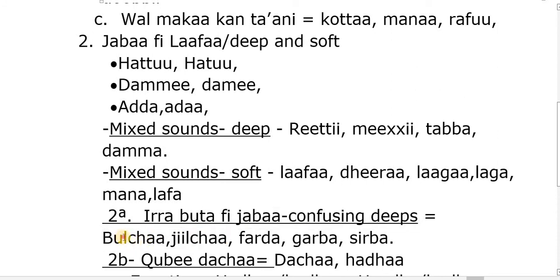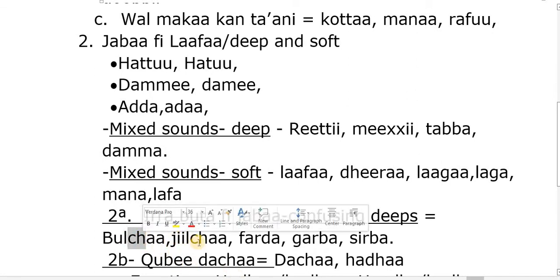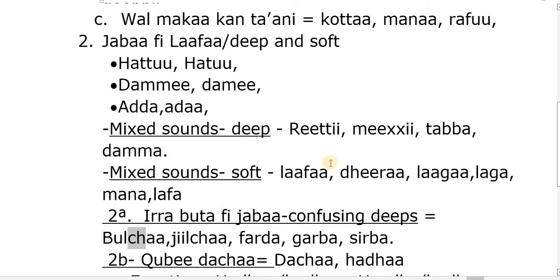Here, the irabuta is followed by kubedacha. Kubedacha are the compound sounds like ch, ts, ph, ny, and so on. When we have a compound sound that makes one sound, like che for church, for example, even the same in English, for tse, for nye, and so on. We have seen some of these, including ones specific to the Oromo language.